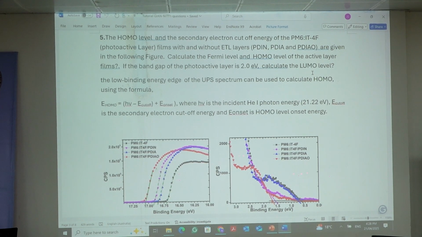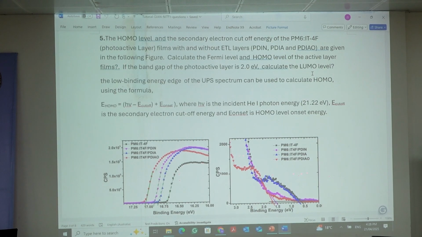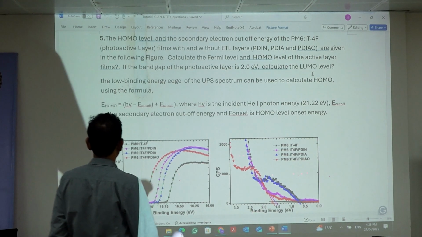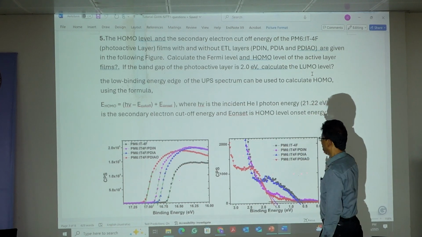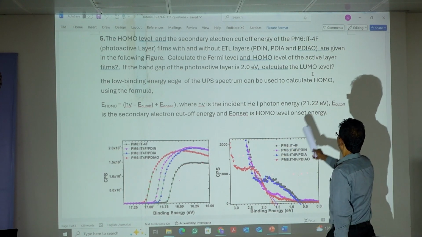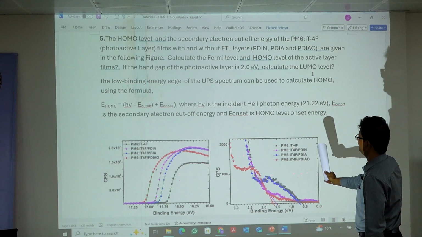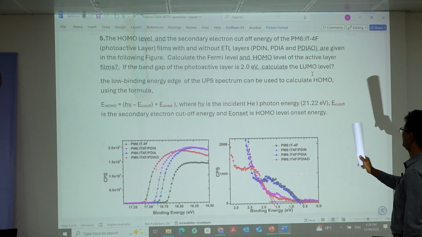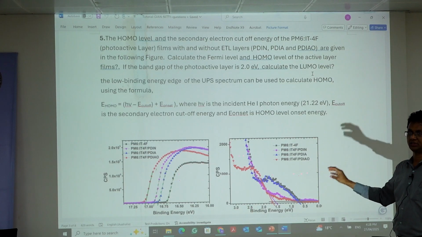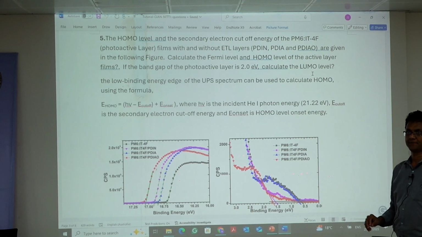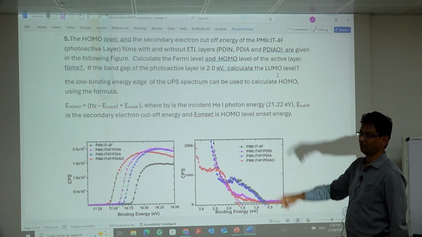I give the HOMO onset. I already gave the formula here, h nu minus the cutoff. What is the secondary electron cutoff? I gave the formula also. And I asked the question, if the band gap is 2, what is the LUMO? From this graph, you can find out what is the Fermi level and what is the HOMO level. You see the formula.